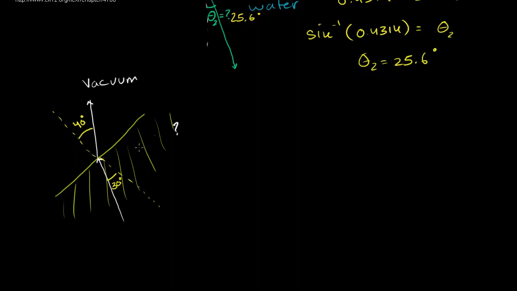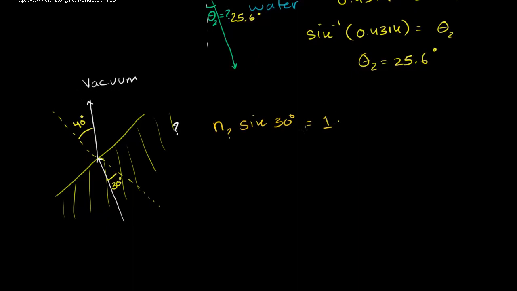So let's figure out the refraction index first. We know the refraction index for this questionable material times the sine of 30 degrees is going to be equal to the refraction index for a vacuum. Well, that's just the ratio of the speed of light in the vacuum to the speed of light in the vacuum, so that's just going to be 1.